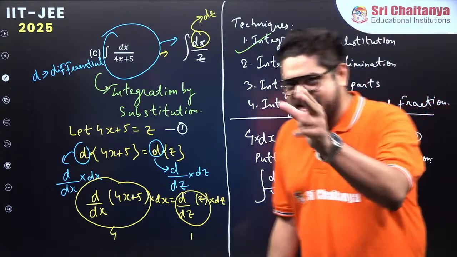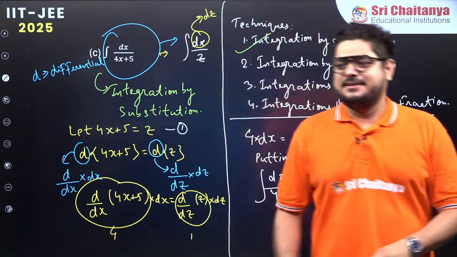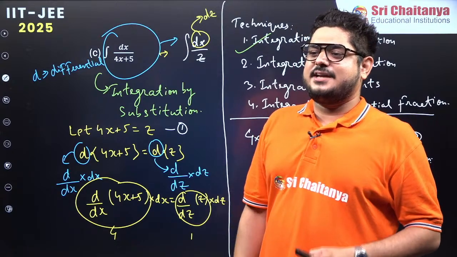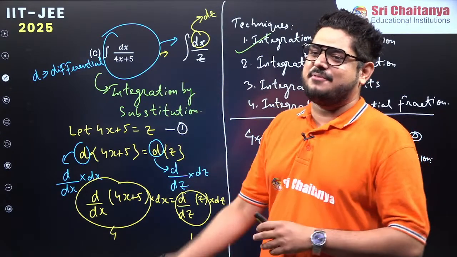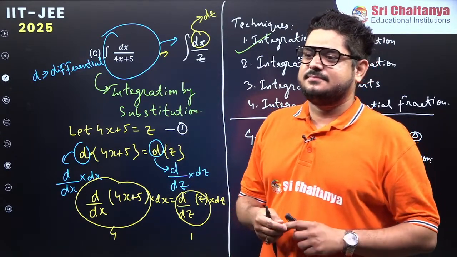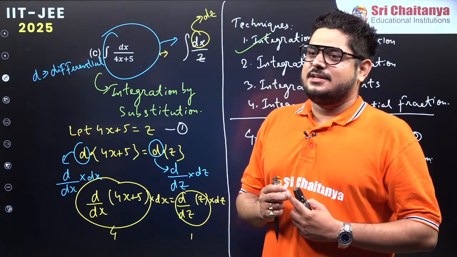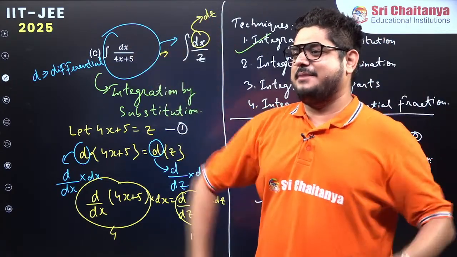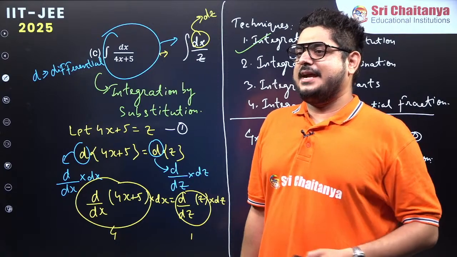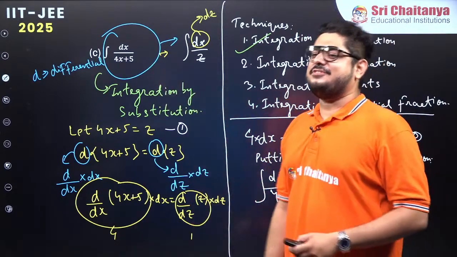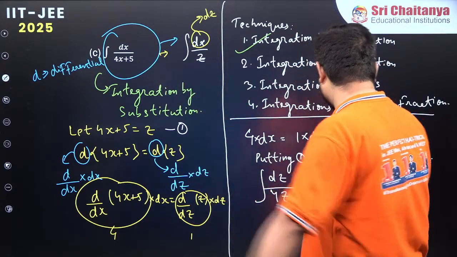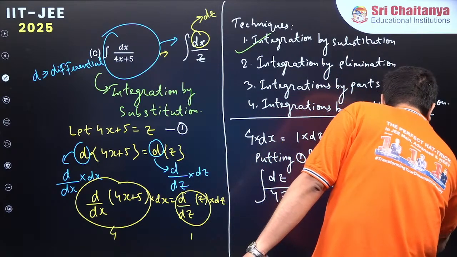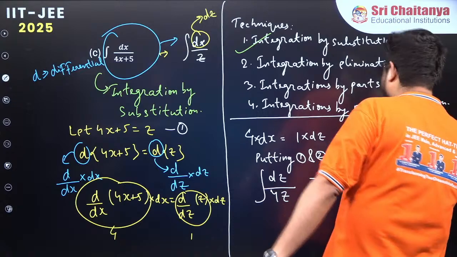So you need to write it in terms of z itself, isn't it? Yes. Keep on writing, everyone. Ln z. Those who are getting this, write down the statement. Ln of z, exactly. So I will get 1 by 4 ln of z plus c.